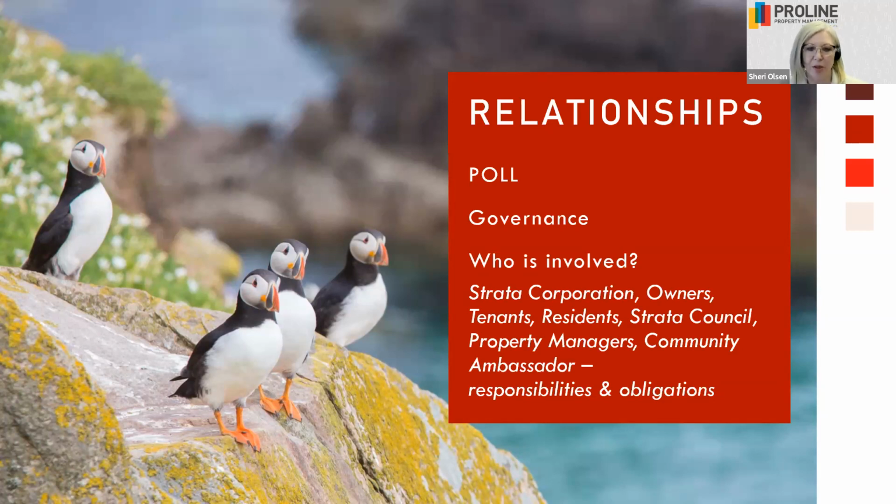The Strata Corporation is part of the governance of your Strata, and the owners, the tenants, people that live there, residents, Strata Council, property managers are all part of that community. And we work together to ensure that the Strata Council can continue with their role in a seamless, smooth fashion and make sure that they can uphold all of their responsibilities and obligations.